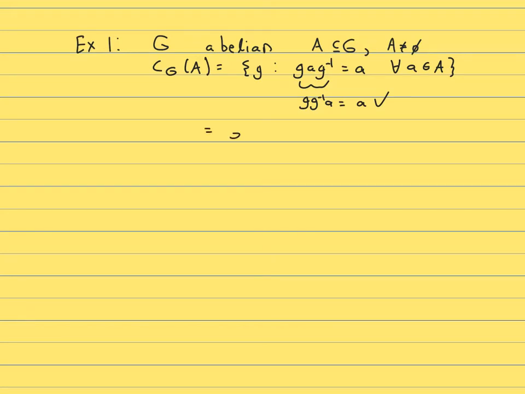So it's actually the entire group. Which means that's true about the normalizer too, because the centralizer is a subgroup of the normalizer. And so, we have this containment here. And we just showed that the first group and the last group are the same, so everyone in the middle is also the same. So that ends that example.